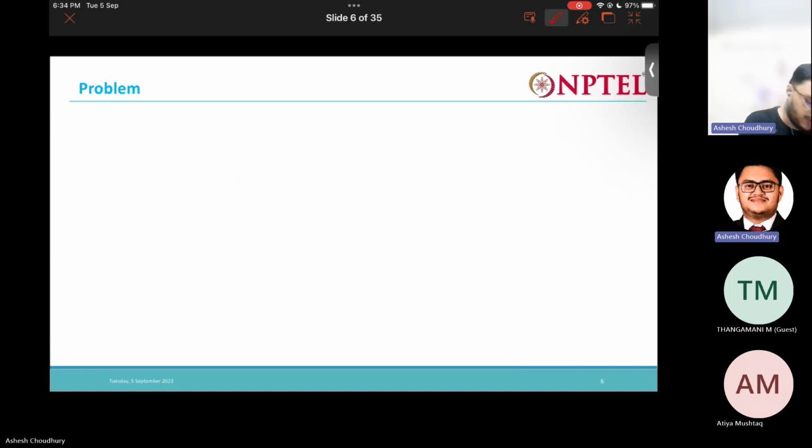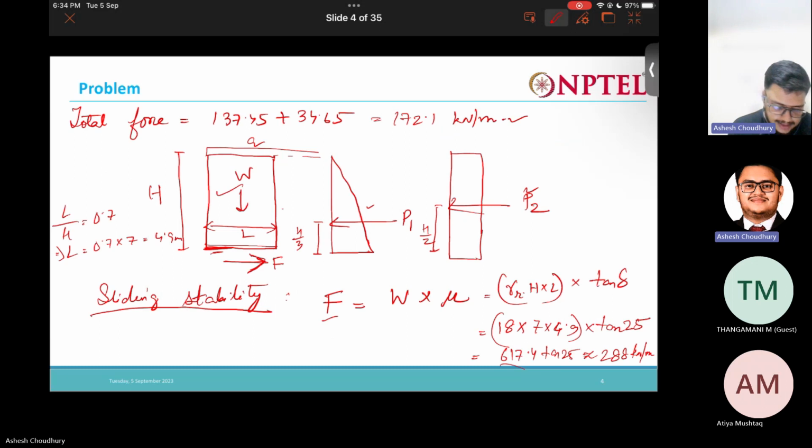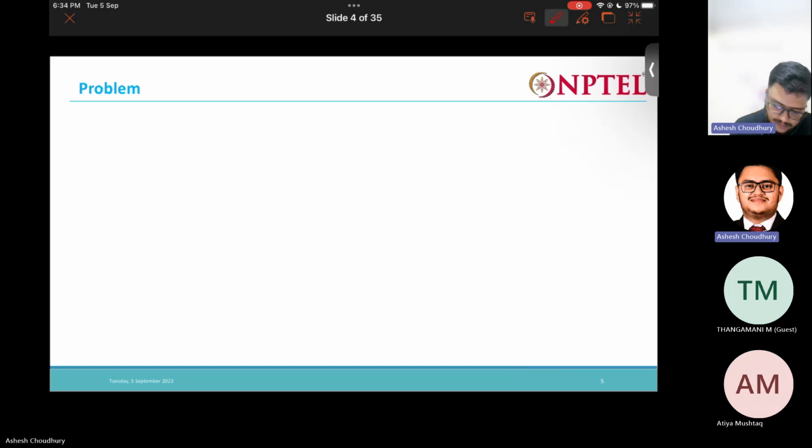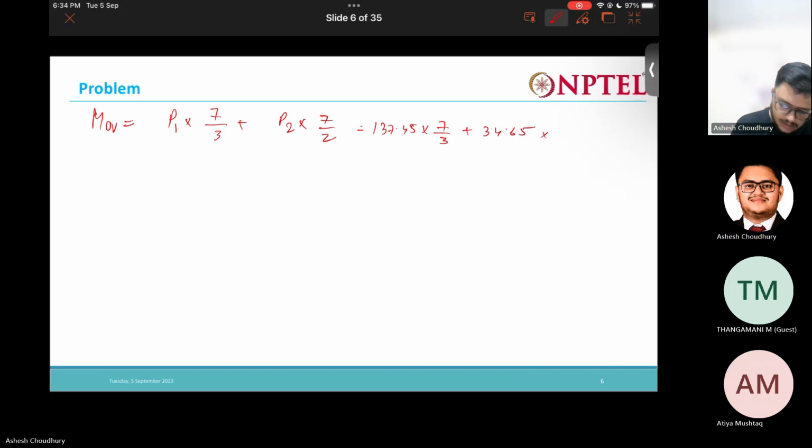Now we have to find the overturning moment, which is the overturning force into the lever arm. So P1 into 7 by 3 plus 2. How much is P1? 137.45 and 30.6.